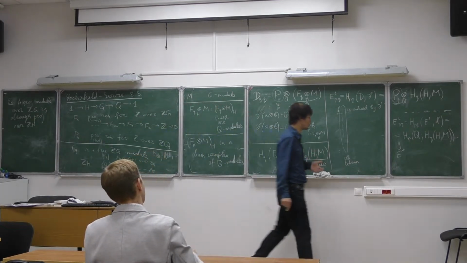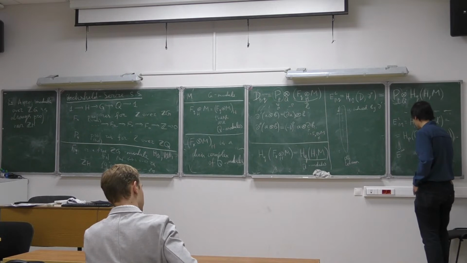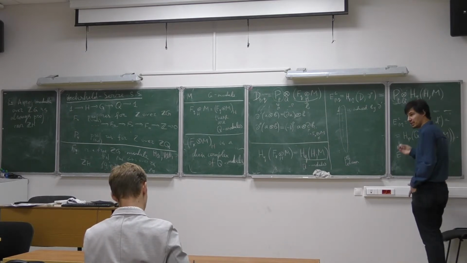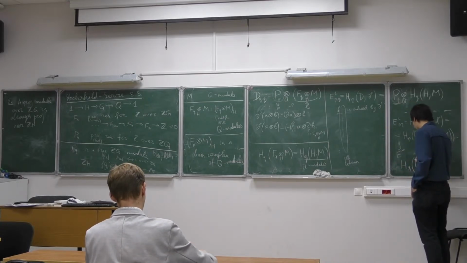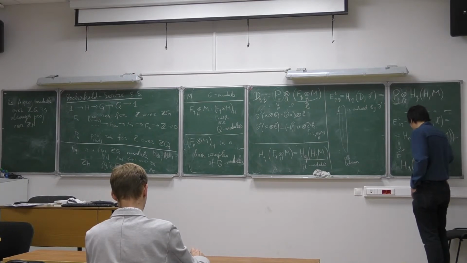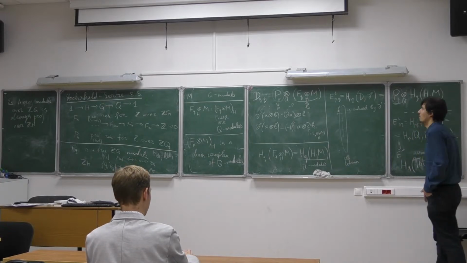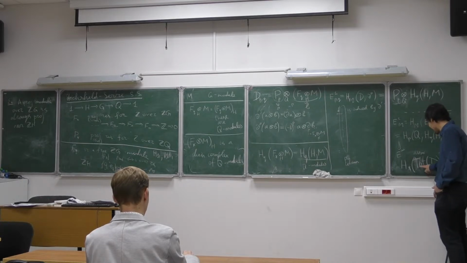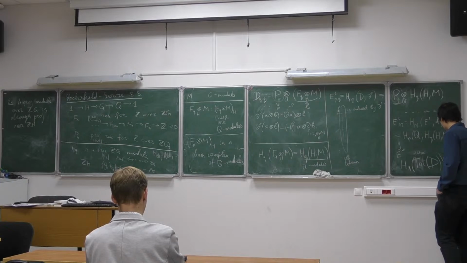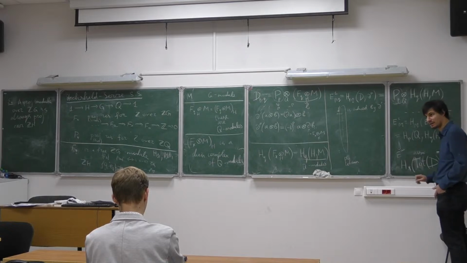But it goes to E infinity, which is associated with some filtration. But some filtration where? In the homology of the total complex of this double complex D. The claim is that this is exactly homology of G with coefficients in M. But of course we need to prove this.